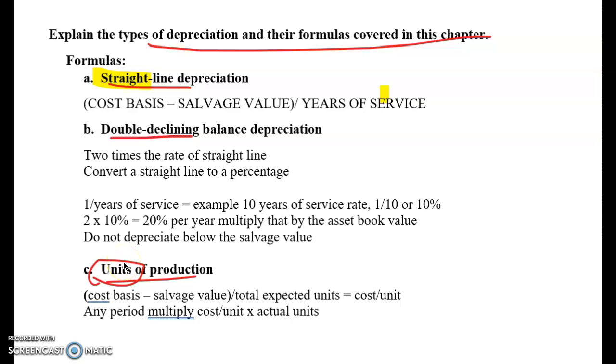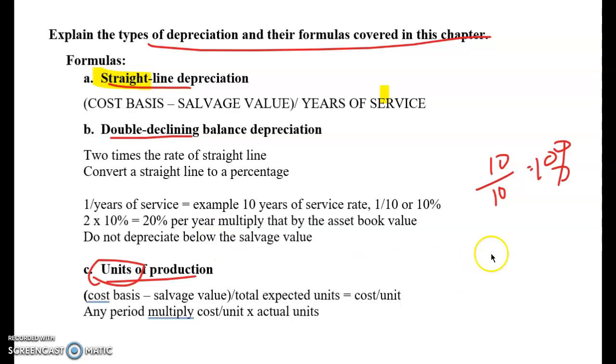The neat thing about double declining is the way we calculate it. It actually starts off as straight line and then doubles. Let me go over that with an example. If we have 10 years of service and we divide 1 by 10 years, that's 10%.